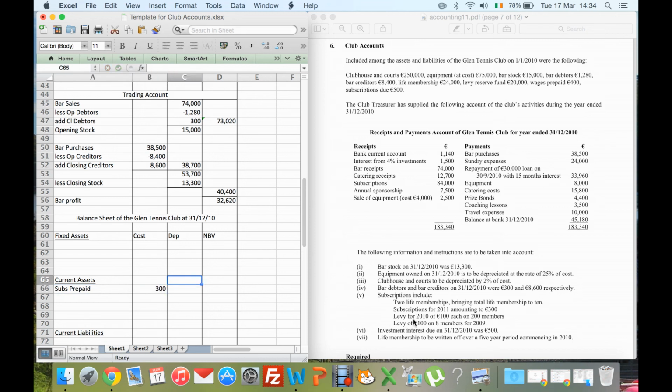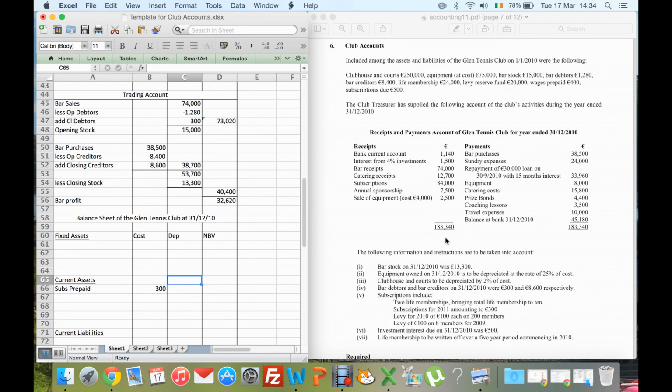Okay, there's a levy of 2010 of 100 each on 200 members, and there was some owed from last year. The levy owed from last year we've already dealt with above, but it would have been included in the money that we would have expected for last year, and would have been included in the opening levy reserve fund of 20 grand.